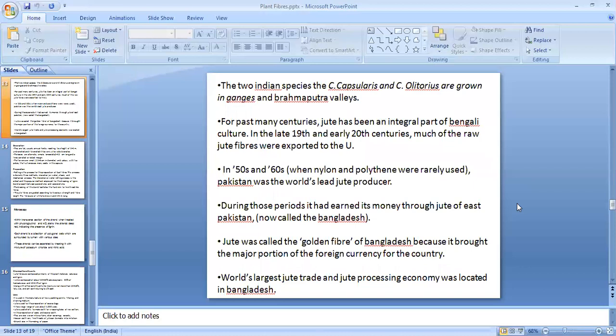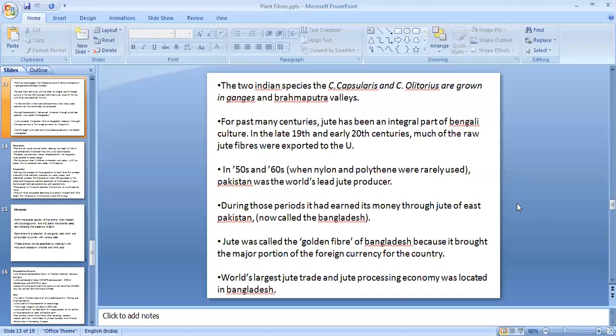And the two Indian species, especially Corchorus capsularis and Corchorus olitorius, are grown in the regions of the Ganges and Brahmaputra valleys. For the past many centuries, this jute has been an integral part of Bengali culture.